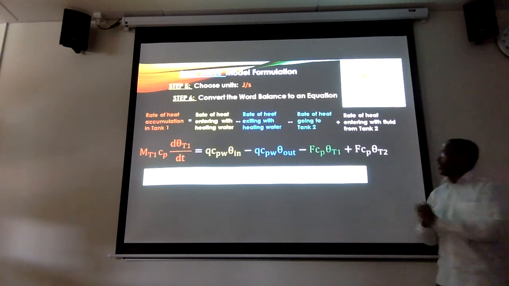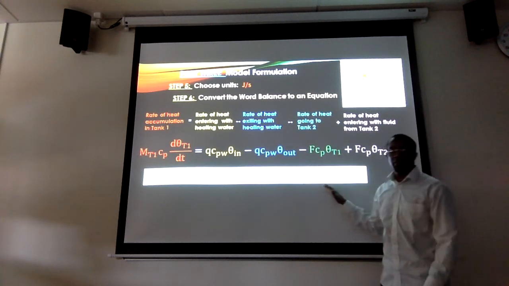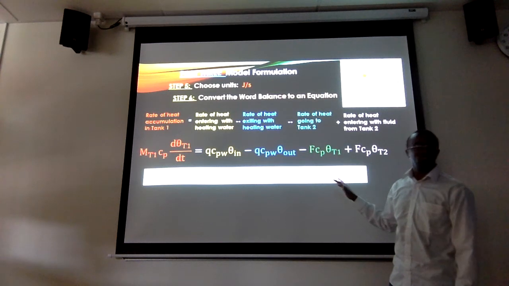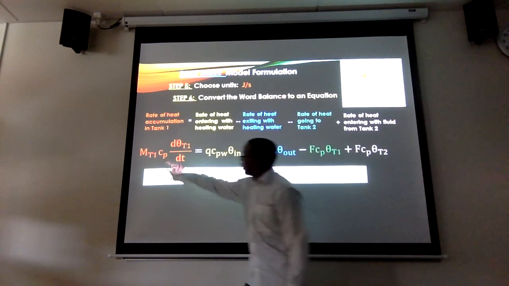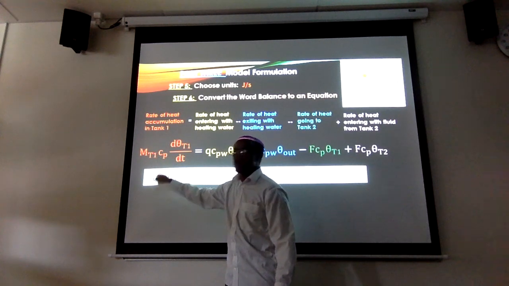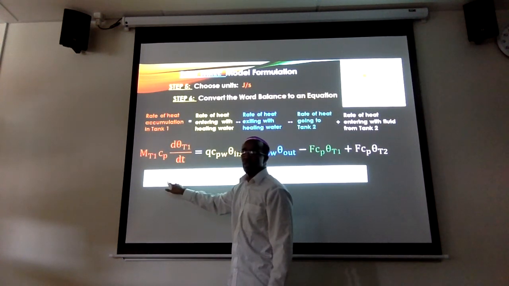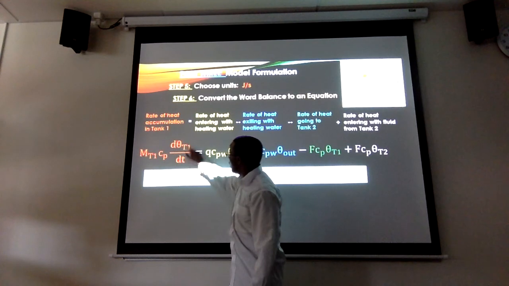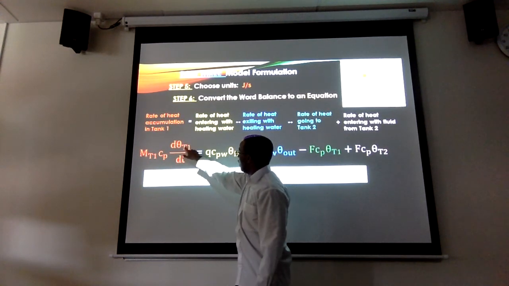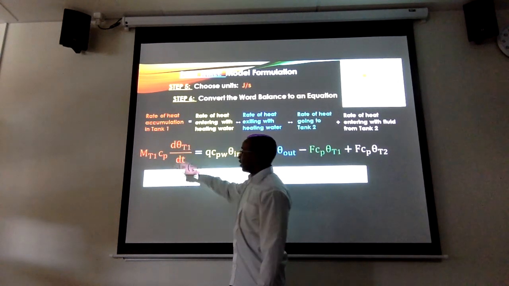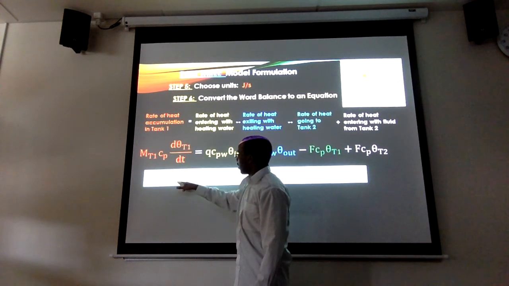Okay, the next step is you do a unit balance, dimensions. So for example, your mass is kgs, your specific heat capacity is joules per kg per degree, and this component here is your temperature in degrees divided by your seconds.